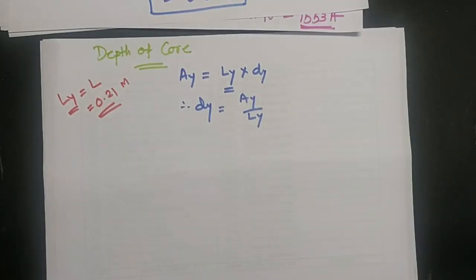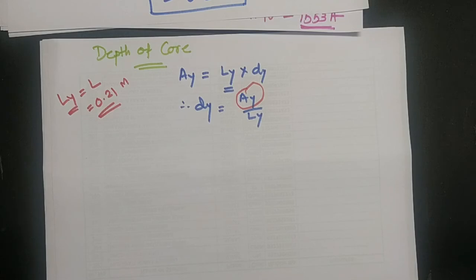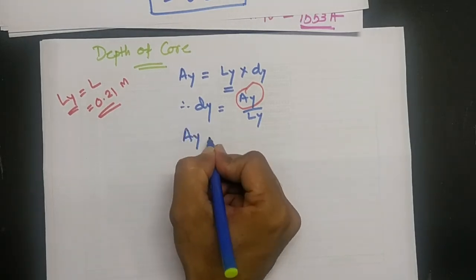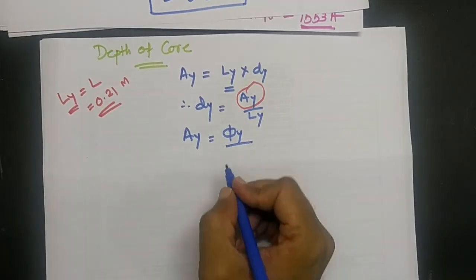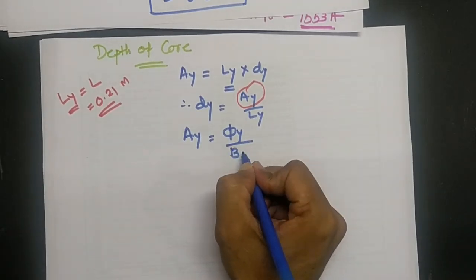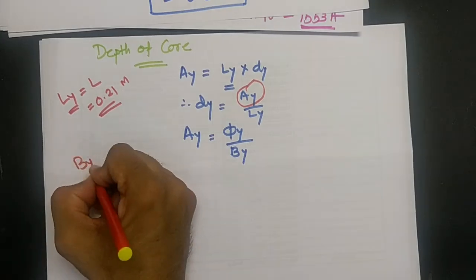The depth of the yoke is the area of the yoke divided by the length of the yoke. So we need to calculate the area of the yoke, and to calculate the area we use a similar equation: flux phi divided by flux density of the yoke. Now the flux density of the yoke we have to assume.